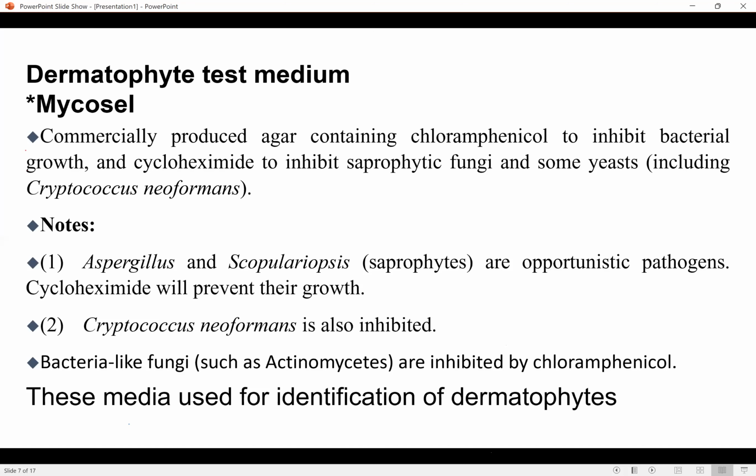It's common in people with immunocompromised situations. If the person is not immunocompromised, we will want to eliminate its growth because it's always there but not pathogenic. Bacteria-like fungi like actinomycetes are also part of our interest in limiting their growth. So the antibiotic chloramphenicol, while inhibiting the growth of bacteria, will also inhibit the growth of bacteria-like fungi.